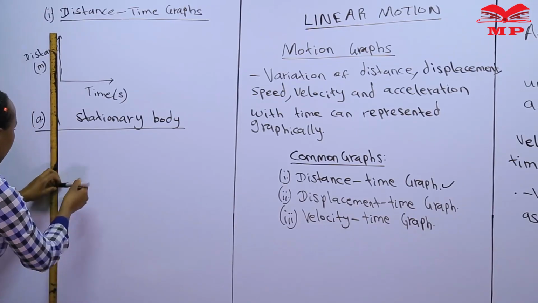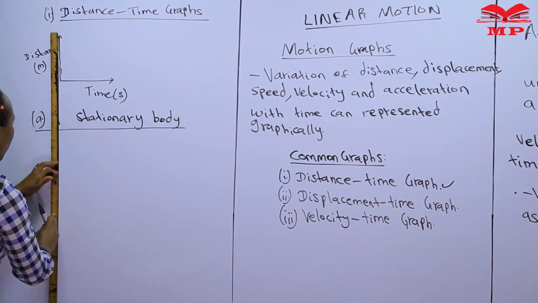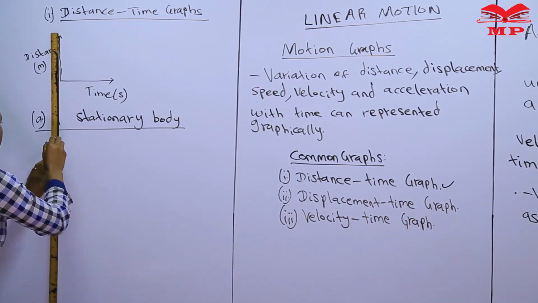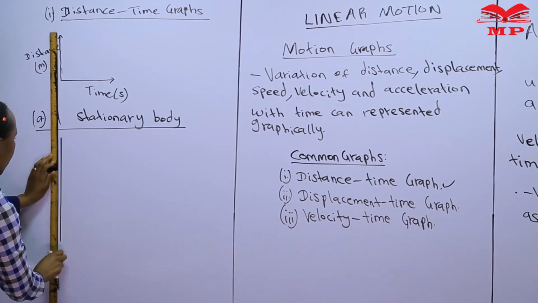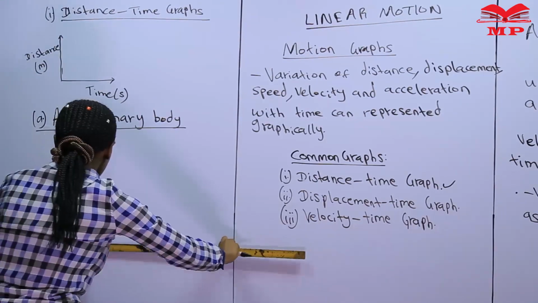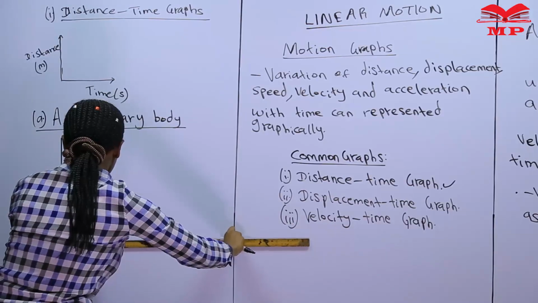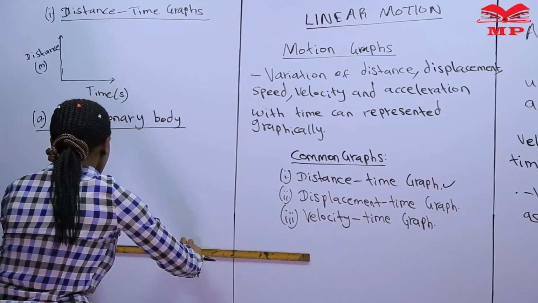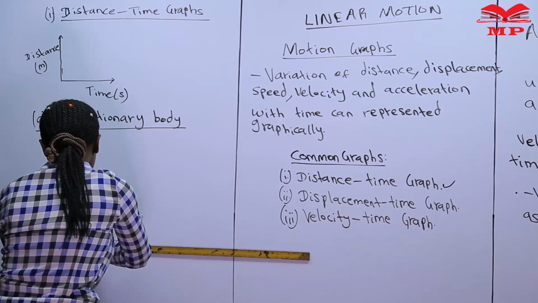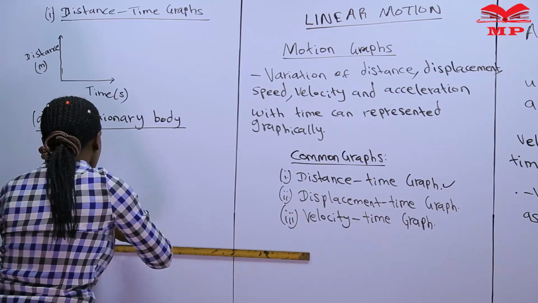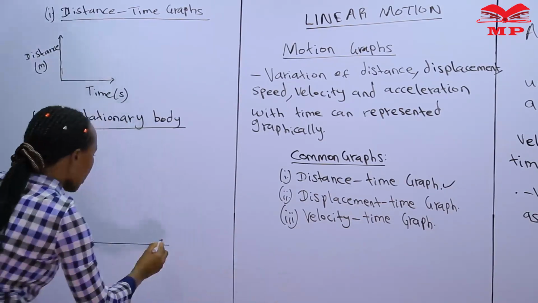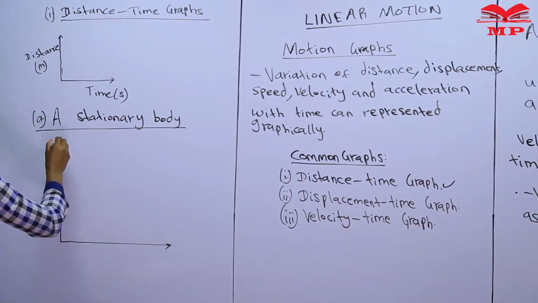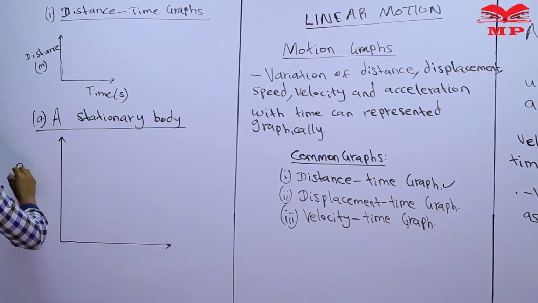Whenever you are plotting a graph, ensure you start with the axes. That is, we have the y-axis, then we also have the x-axis. In our case, on the y-axis, we have the distance, and on the x-axis, we have the time. So you draw the axes, then you name them.